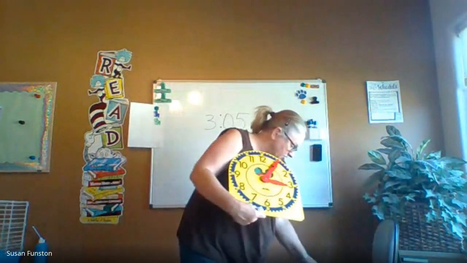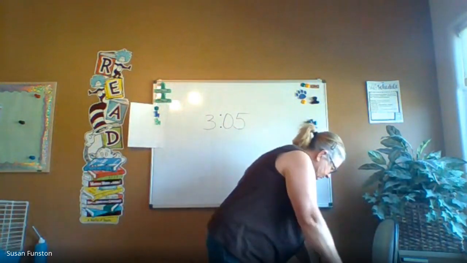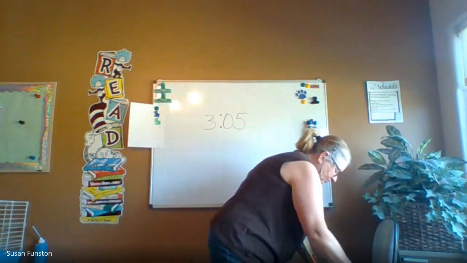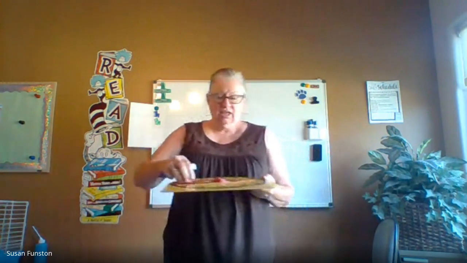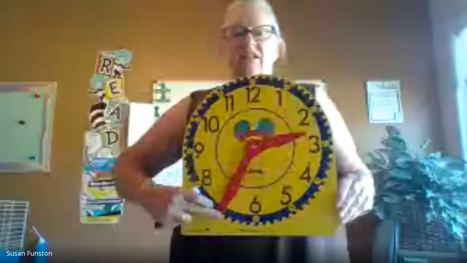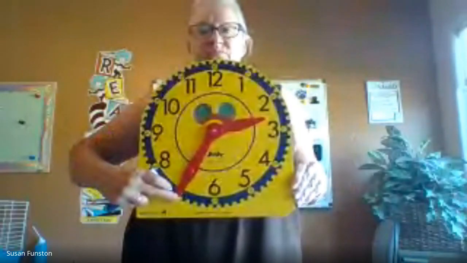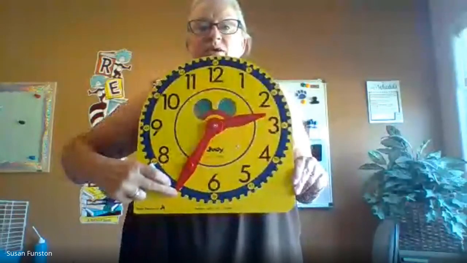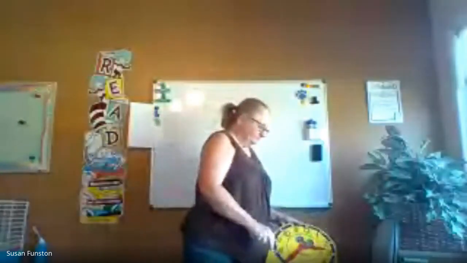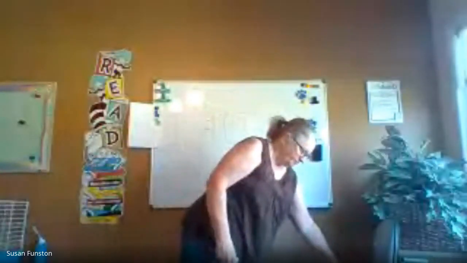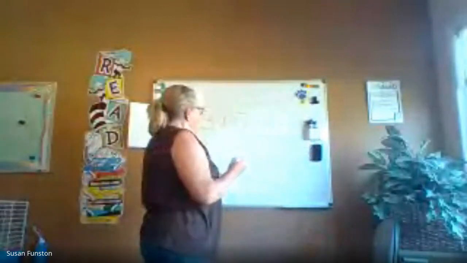Okay, let's try another one. Okay, let's look at my clock and write down on your whiteboard, what time does my clock show? Write that on your whiteboard. Okay, how'd you do?